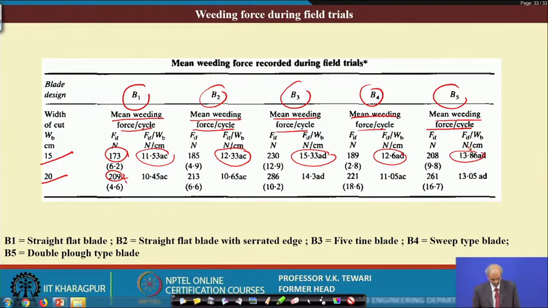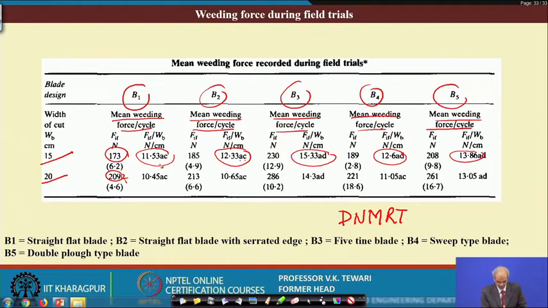The letters a, c, c and so on appear because we used Duncan's new multiple range technique, DNMRT, for comparing the means. This is an available technique, and I used it to compare the mean values of B1, B2, B3 and B4.